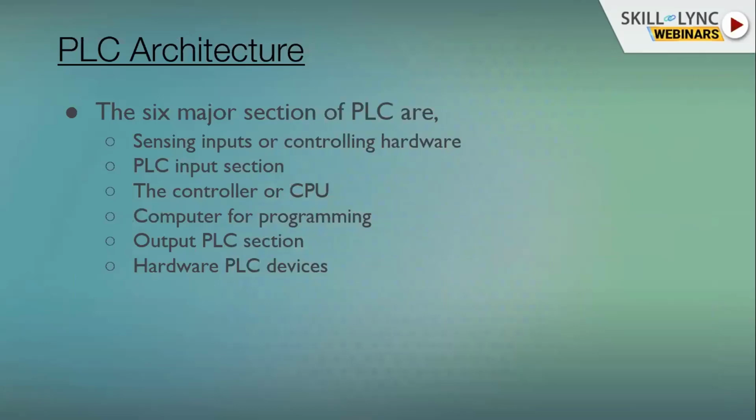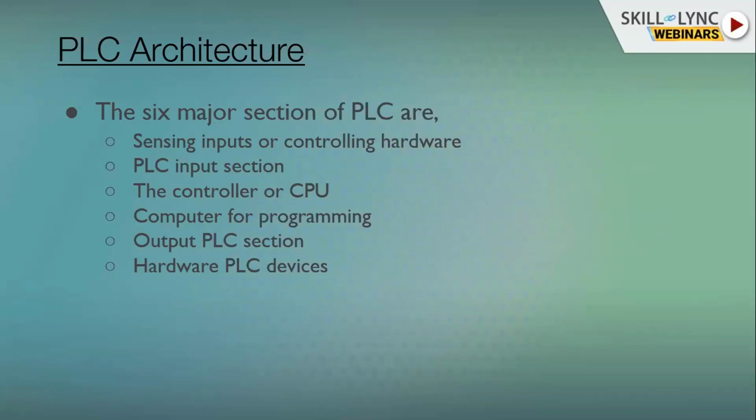So let's talk about PLC architecture. Considering architecture, a PLC system has four major parts. One is sensing input or controlling hardware: the PLC input section, and the controller CPU, which is responsible for execution of our program. Computers are for programming, the devices we are using, like a laptop, to make the program and send it to the PLC to run accordingly.